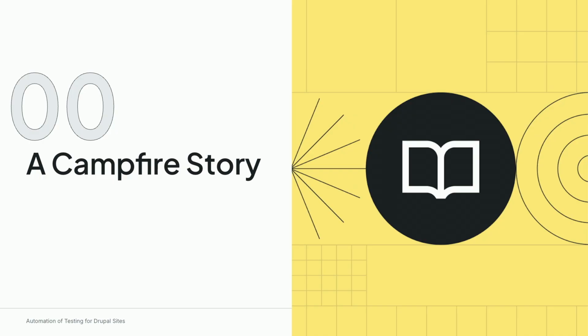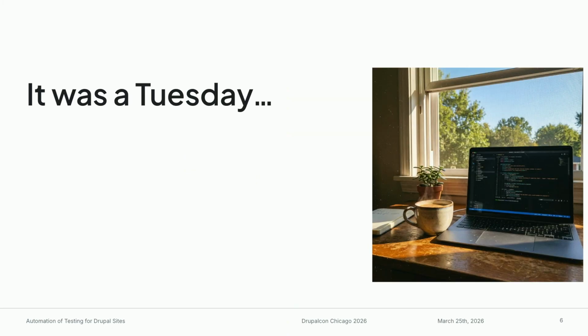Okay, hi everyone. So let's put the story up front. It was a Tuesday, a normal Tuesday for all of us, very sunny, hopefully. We have the routine maintenance window, right? We have done it 100 times. We have a module to update, maybe a couple of modules to update.